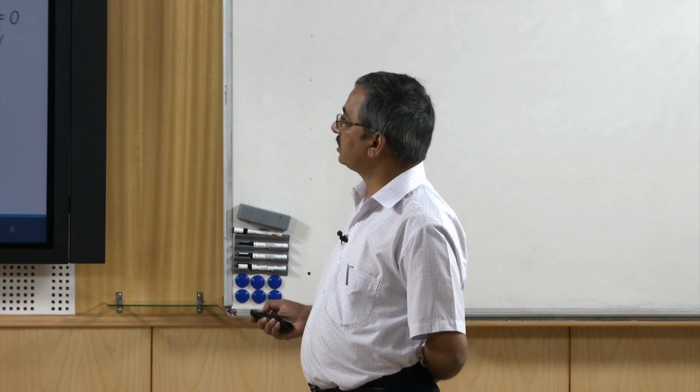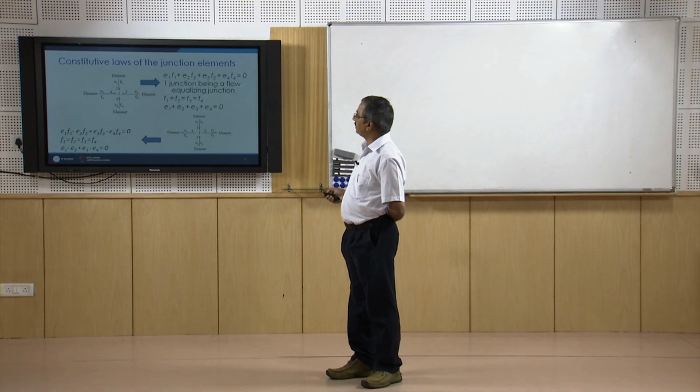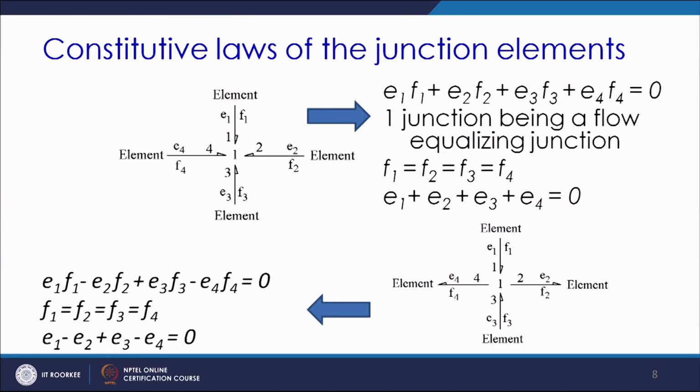Suppose in this figure we have various elements whose interaction is represented through bonds 1, 2, 3, 4, and all the power directions of the bonds are towards the one junction. We can simply say that the summation of the power across all the bonds is 0, and one junction being a flow equalizing junction, I can equate the flows, and if I substitute this in this equation, we will have an equation consisting of the summation of the efforts.